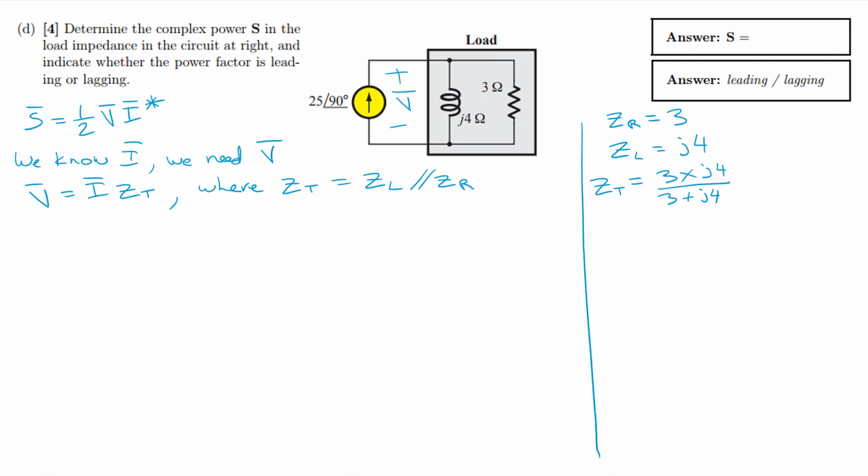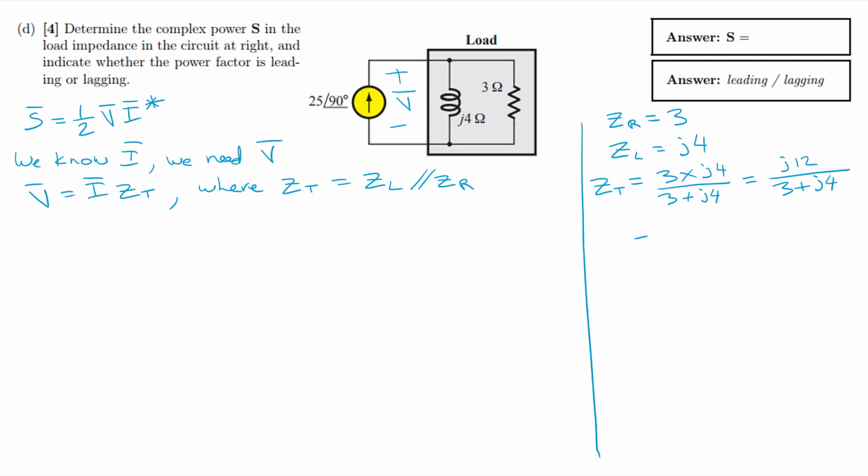Now we have to put this in a standard form. Let's first tidy this up a little bit. So it's j12 on the top and 3 plus j4. To do anything useful with this, we need to put it in standard form, just a real part plus an imaginary part. We can't have any complex numbers in the denominator.